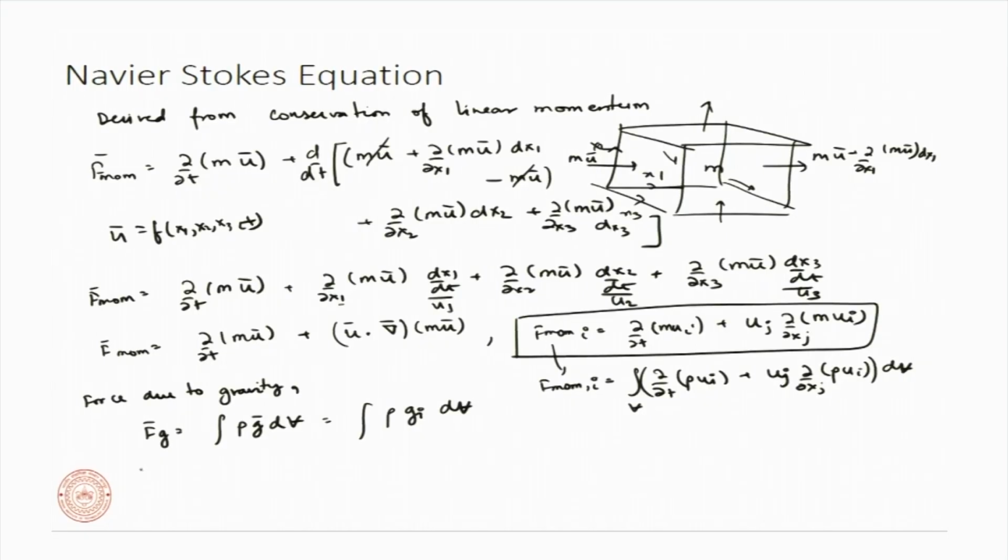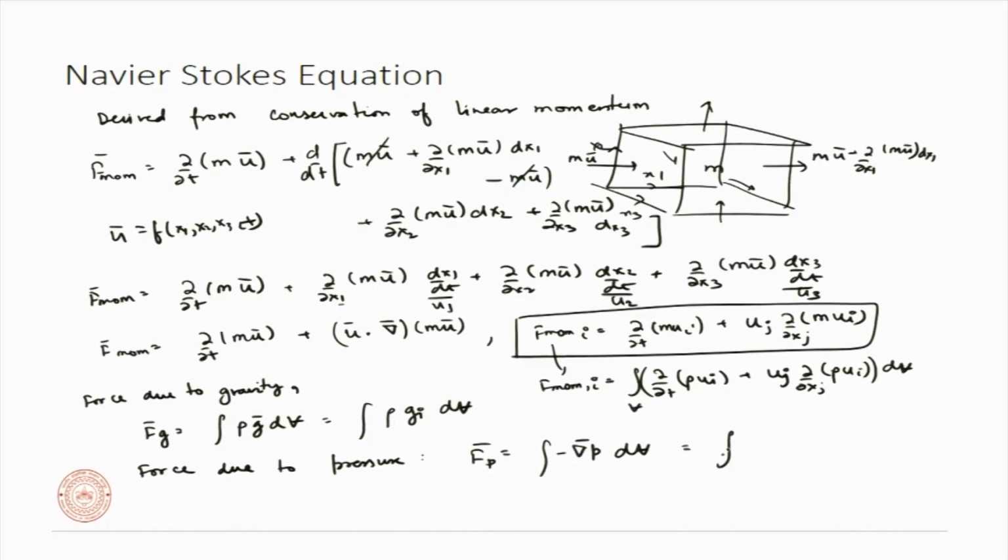Okay. Then we have the force due to pressure. I will later on tell you where this pressure force comes from, or what is the implication of this pressure force. As of now, let's take it as such, as the integral of minus the gradient of the pressure, that is P delta ij into dv.